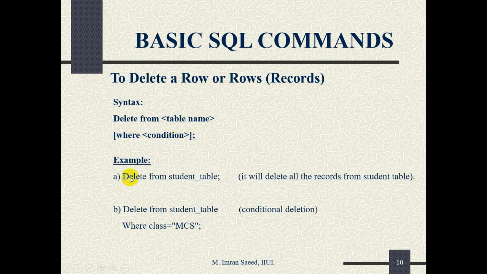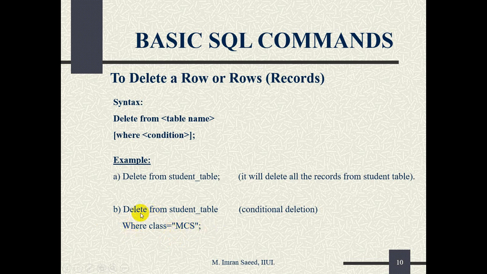We can write it like this: delete from student table. But remember, if you run this command, it will delete all the records present in that table. So if I want to delete all the records, I will use this. But if I want to delete some specific record, then I'll say delete from student table, and I will give it some condition, a where clause, where class is equal to MCS, or where city is equal to this, whatever.